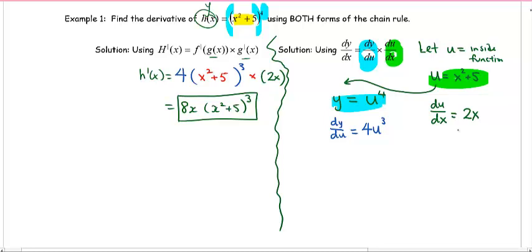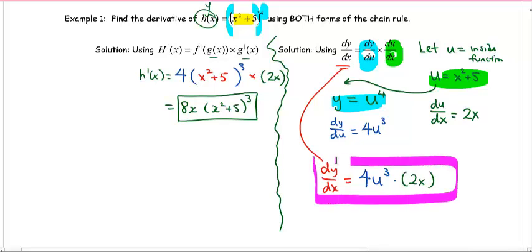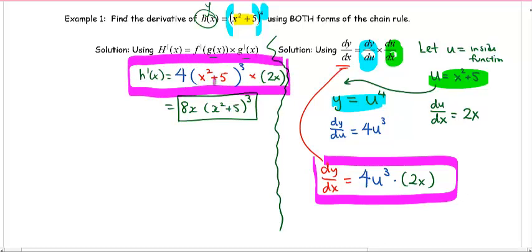So knowing these two components, can you figure out dy dx? Well, dy dx is just those two components multiplied together, dy du, which is 4u cubed, times du dx, which is just 2x. Can you see how this pretty much resembles that over there? Right? 4u cubed times 2x.